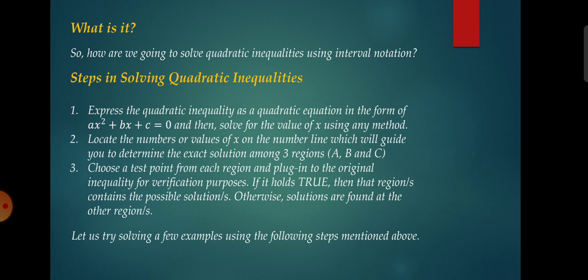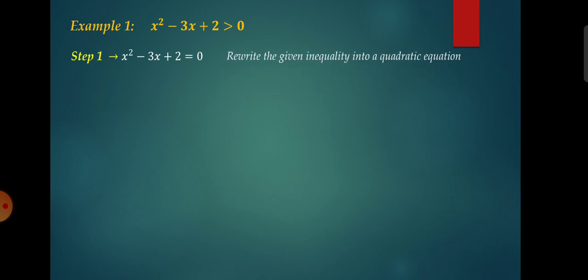So let's try solving a few examples using the steps mentioned above. Example number 1. The given inequality is x squared minus 3x plus 2 greater than 0. So the first step, we will write it as a quadratic equation: x squared minus 3x plus 2 equal to 0.